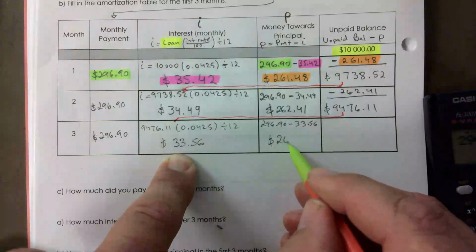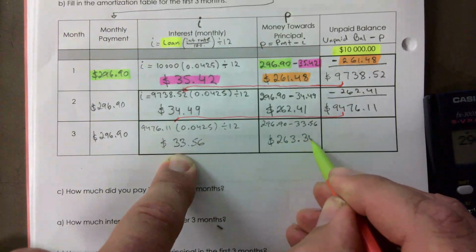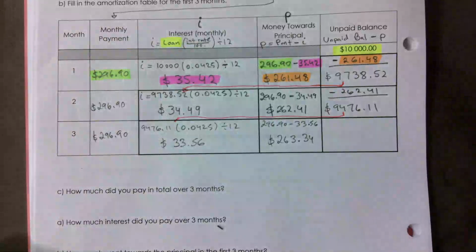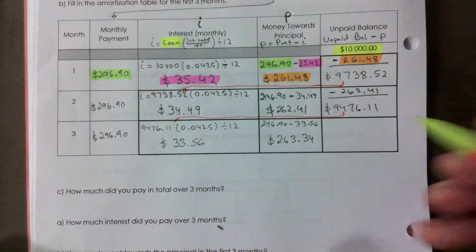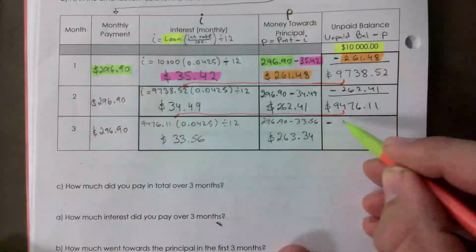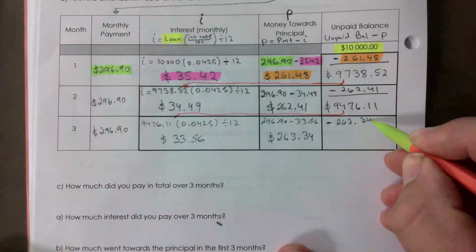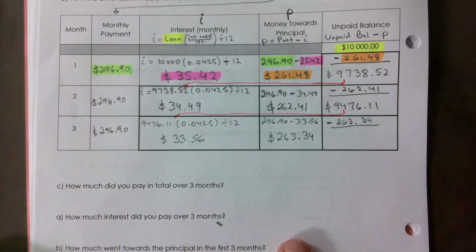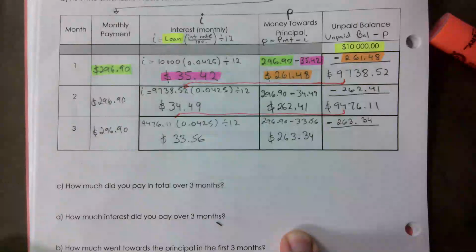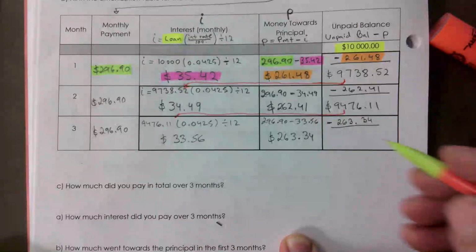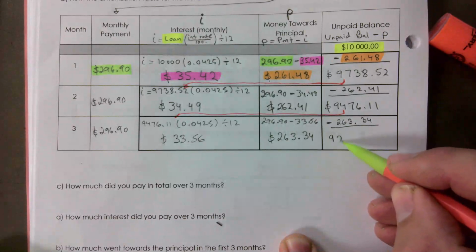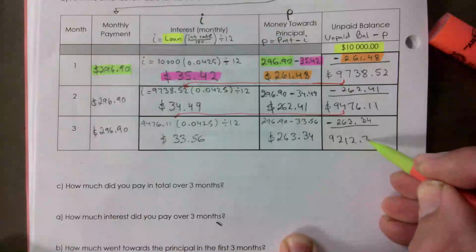And that's 263.34, which makes sense. It's going up. And one more here. $92.12.77.